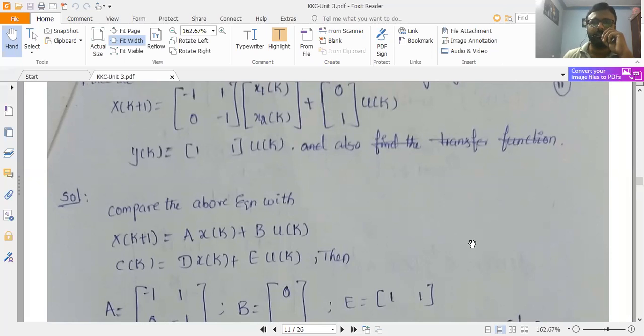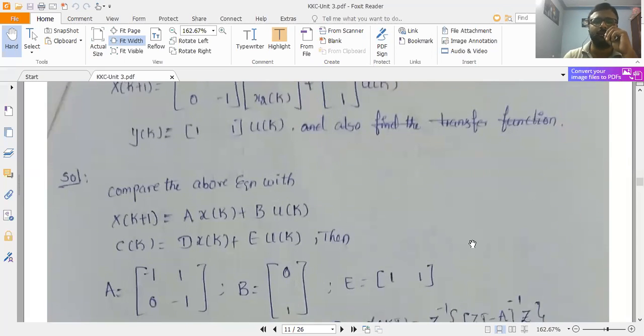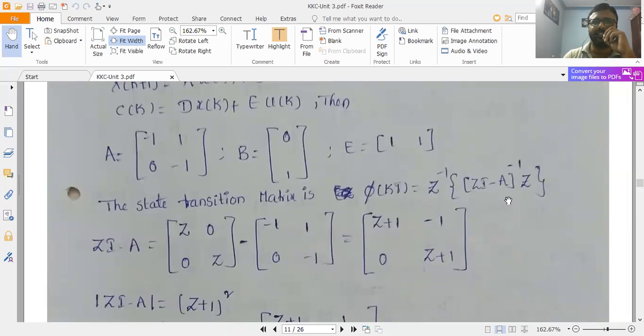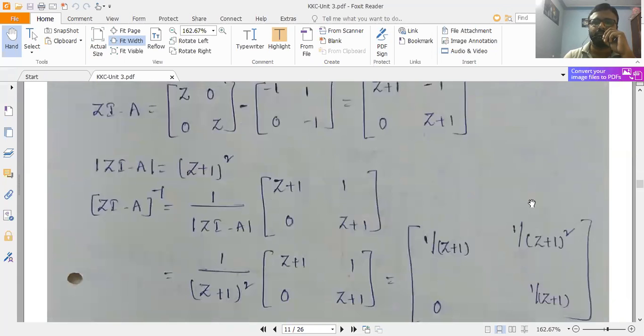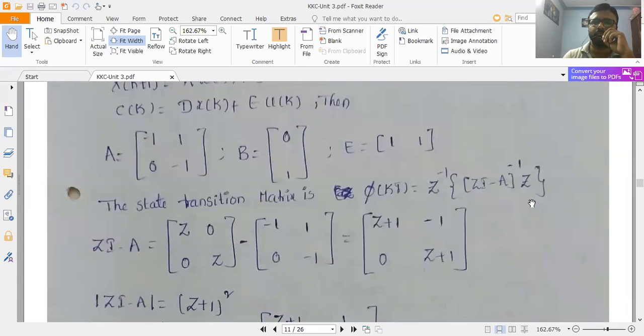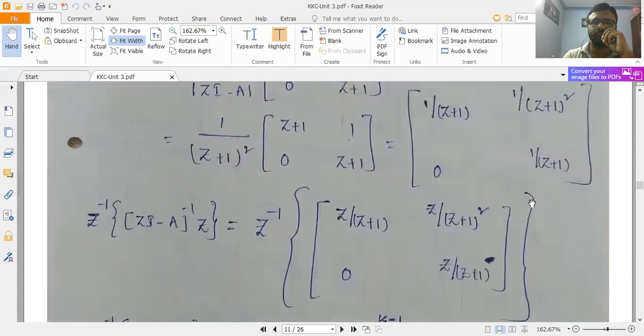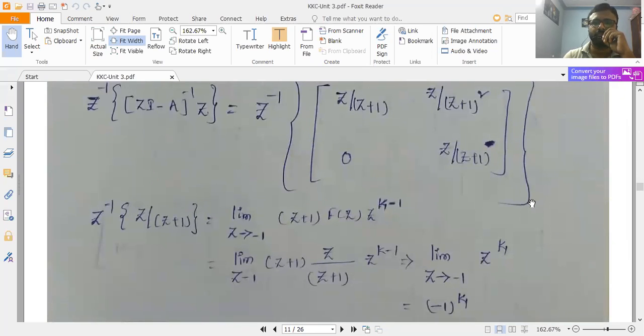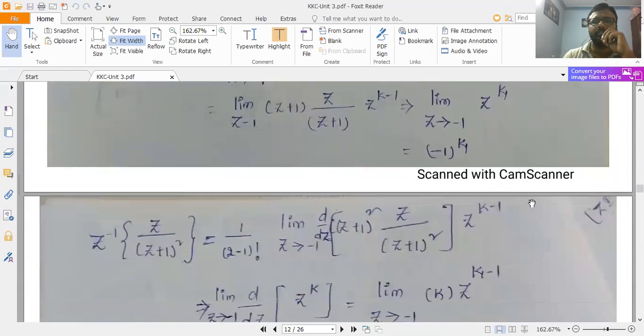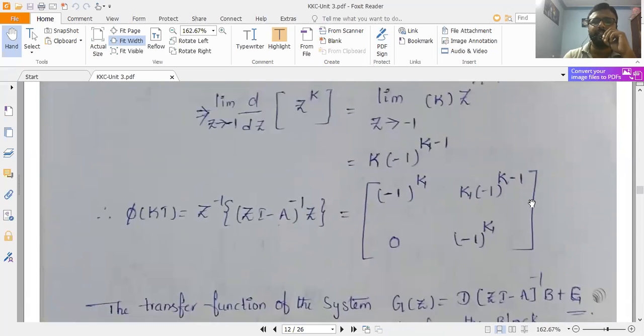And for the discrete systems, we have the expression phi of kT is equal to z inverse of (zI minus A) whole inverse into z. Okay, so in this way, we are going to calculate the state transition matrix for the system given.